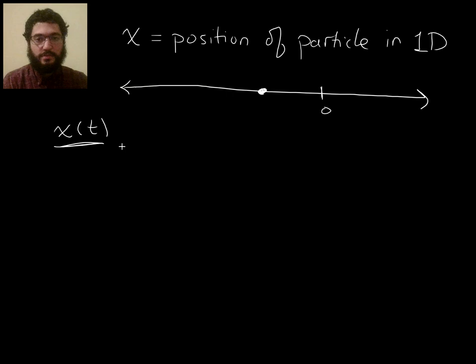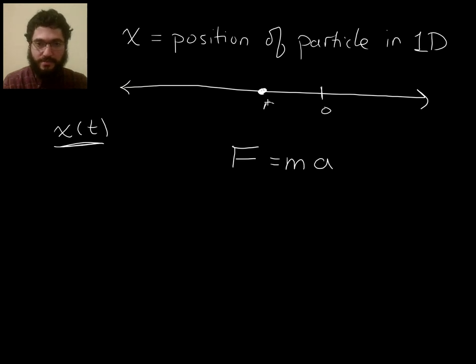Well, it depends. I haven't really said much about this world here, but often we can describe physical effects on particles in terms of forces. So let's say we know about some forces. Let's say F is the total force on the particle. Then Newton's second law says F equals ma.